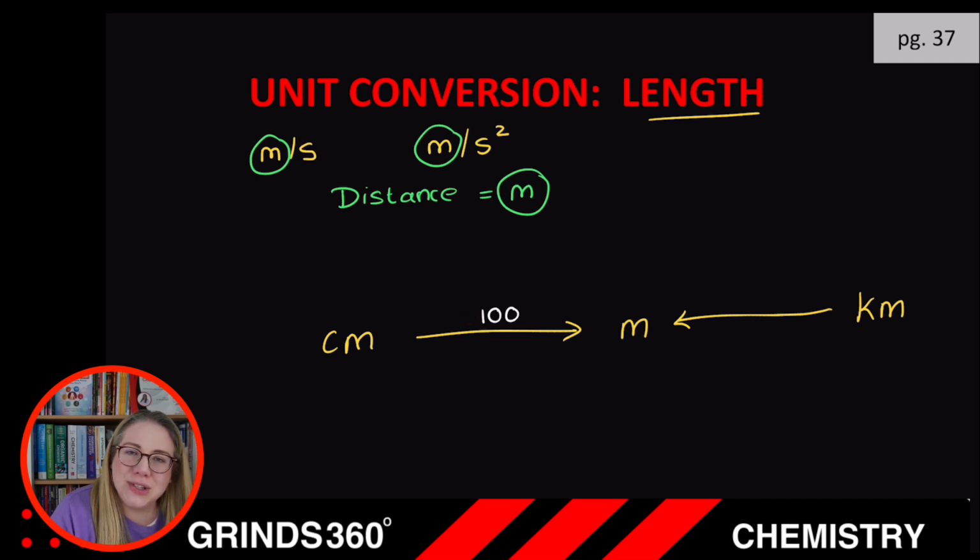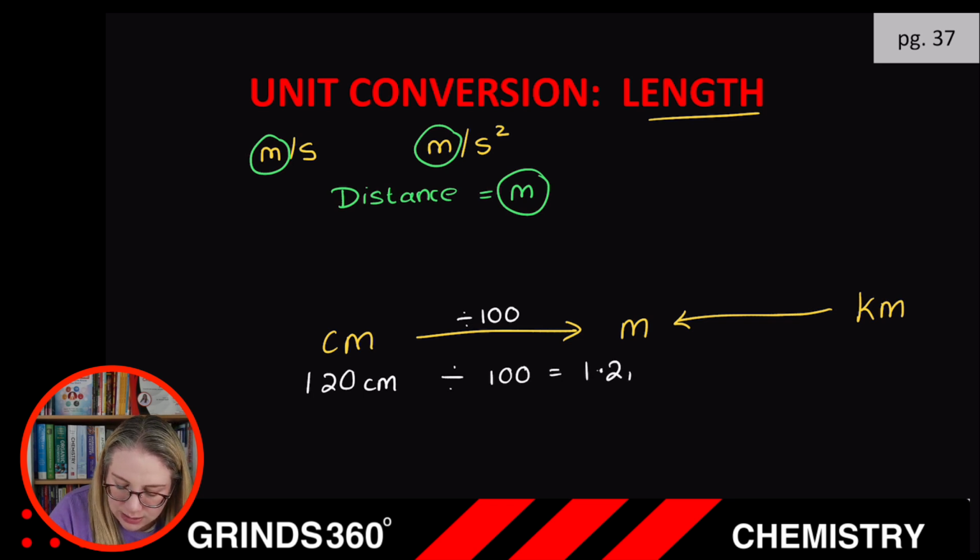As soon as I do this, every single time, you divide by 100. So if I have 120 centimeters and I want how many meters is that? Well, in that case, to go from centimeters to meters, you would divide by 100. 120 centimeters divided by 100 is 1.2 meters.